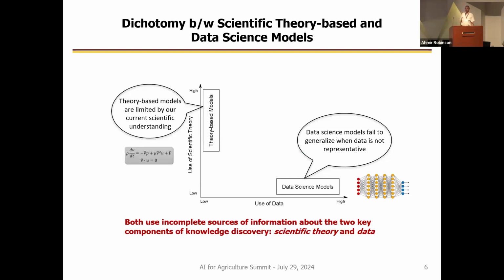These are two extremes. The theory-based model would work well if you have a very good understanding of the physics and if you're able to calibrate the parameters, but both of these are not true in many cases. And the big machine learning models work only if you have lots of data, and they fail to generalize in unseen scenarios.